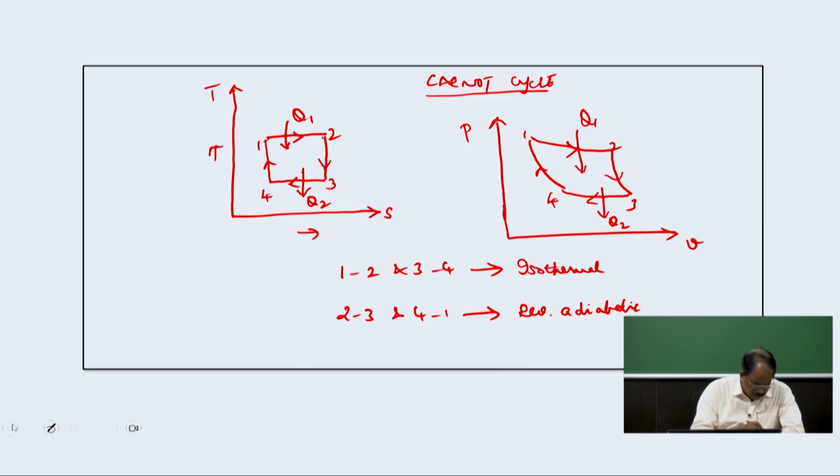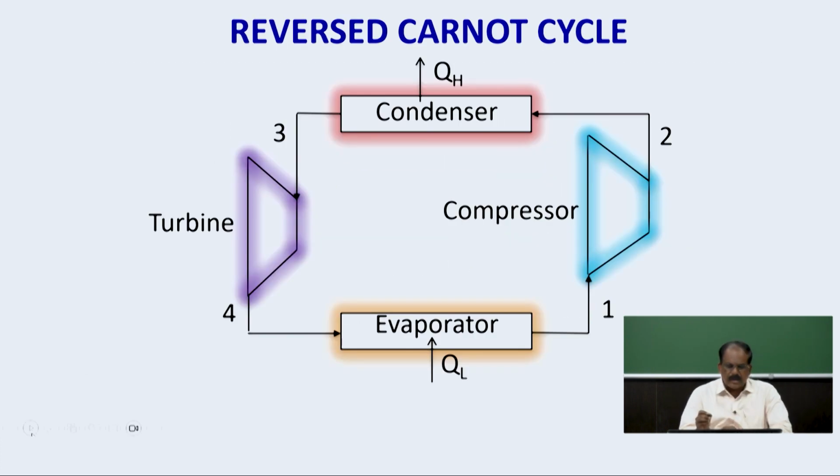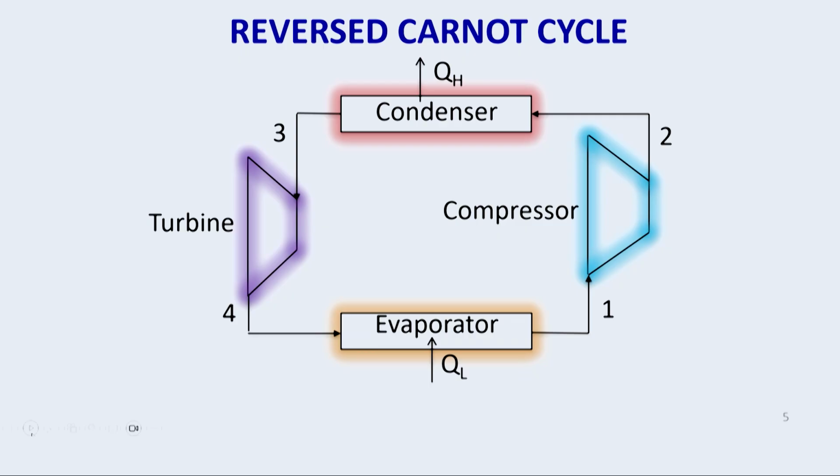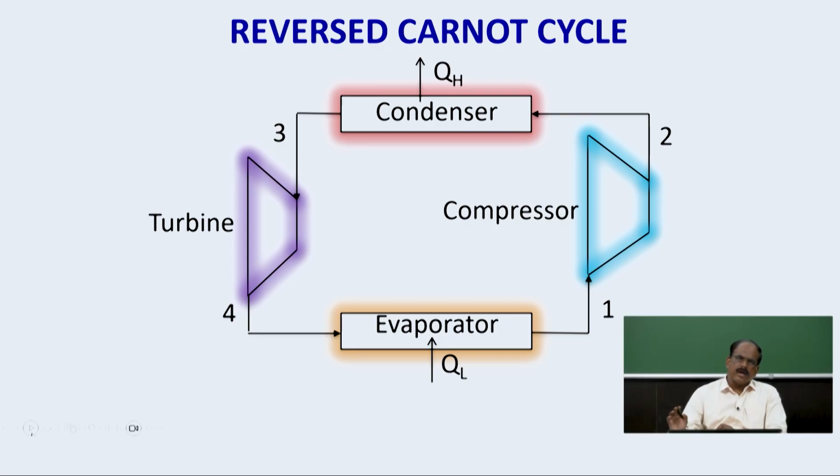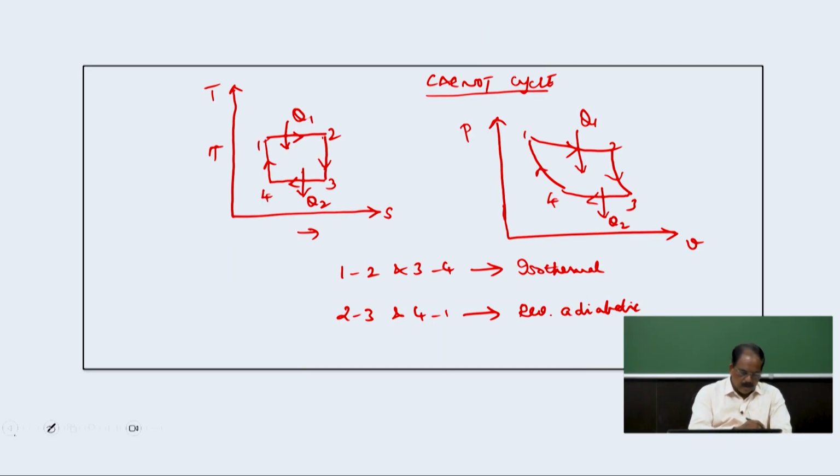If you see the name, there is a term called reversed. So what happens when we reverse the processes of a Carnot cycle? It becomes a reversed Carnot cycle, that is, by changing the direction of the processes. If you see the Carnot cycle, the arrow marks of the various processes are in the clockwise direction.